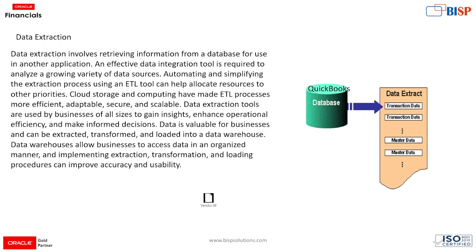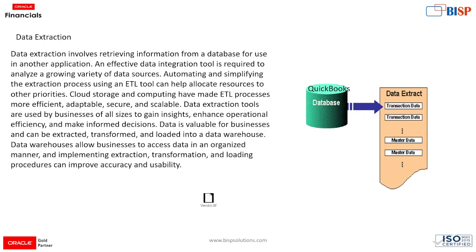Once the data has been extracted, it must be transformed to be usable. This can involve cleaning up the data, converting it into a different format, or integrating it with other data sources. After the data has been transformed, it can be loaded into a data warehouse.